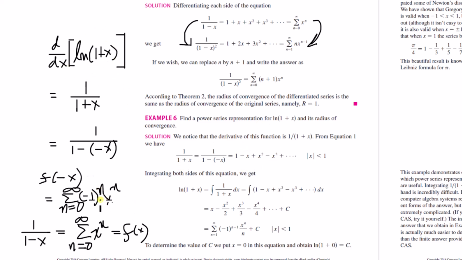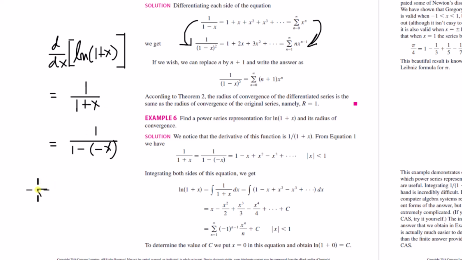And so what is this integral? Well, it's going to be this, but you do x to the n plus 1 over n plus 1. And you don't change the starting point, just add the plus c. So let's see, we've got minus 1 to the n, x to the n plus 1 over n plus 1.